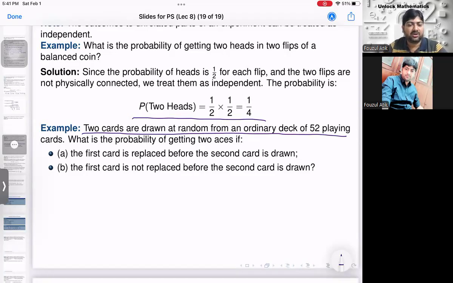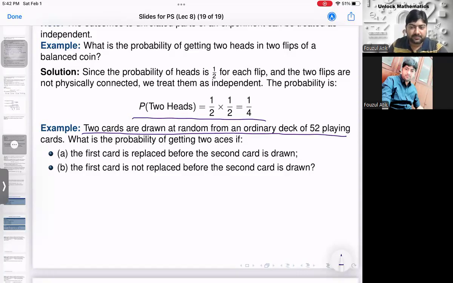You have to find the probability of getting an ace or not. And then you keep it again in the same deck. So you'll have again 52 cards, and in the second draw again you are finding the probability of getting an ace. So these two events are independent, they are unrelated parts of the experiment, right?